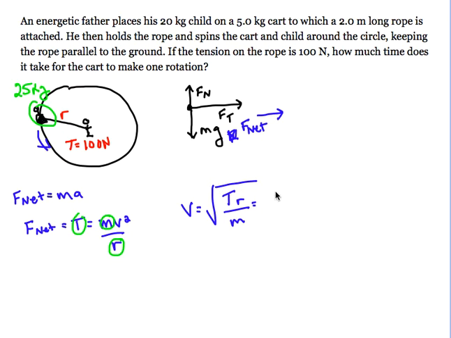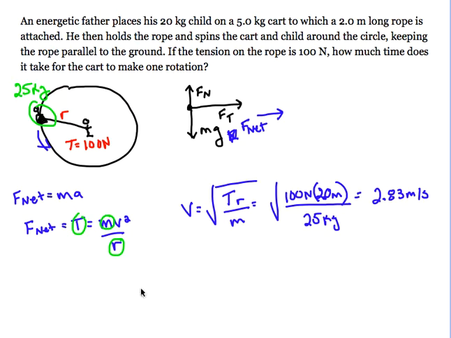So we have our 100 newtons times our 2.0 meter long rope over 25 kilograms. And that is equal to, the velocity is equal to 2.83 meters per second, which will be helpful when we figure out how much time it takes to go around.